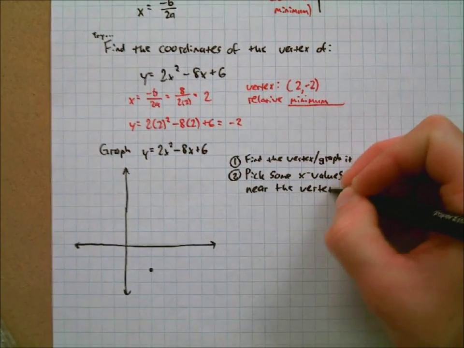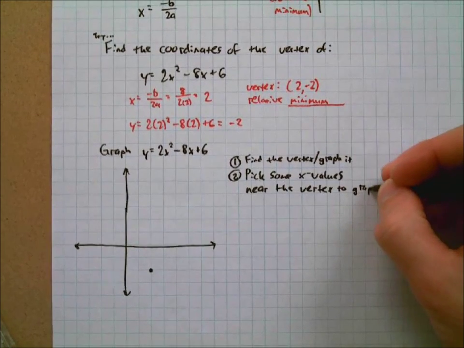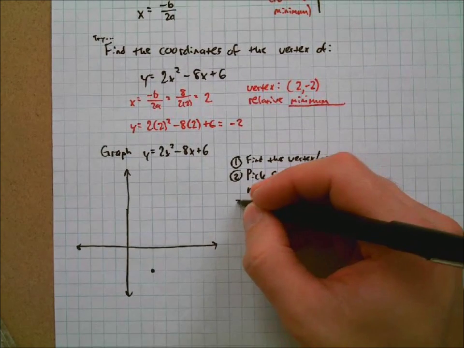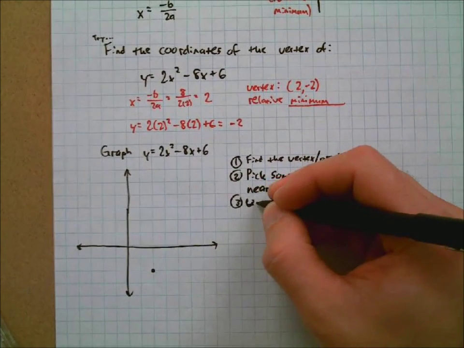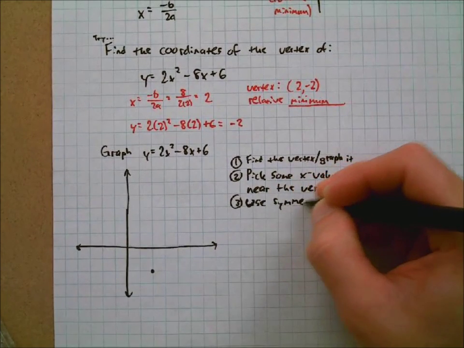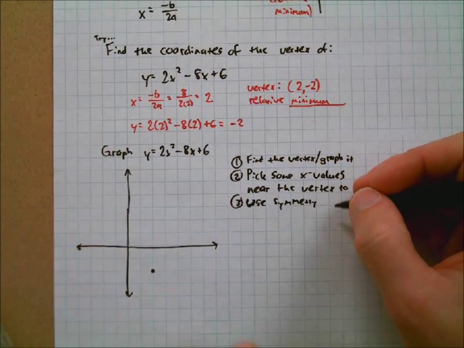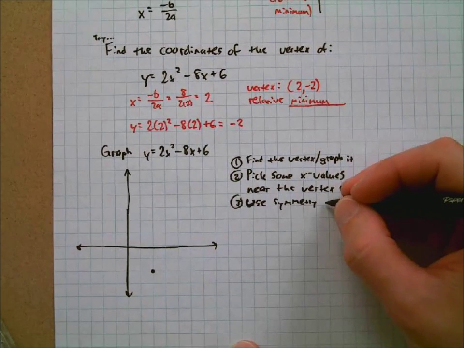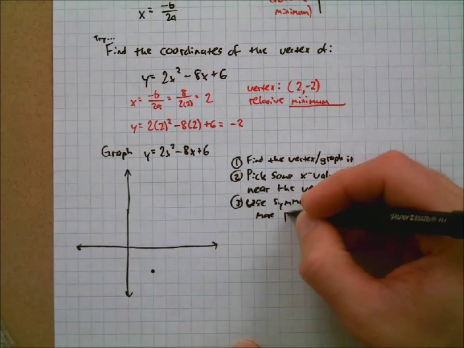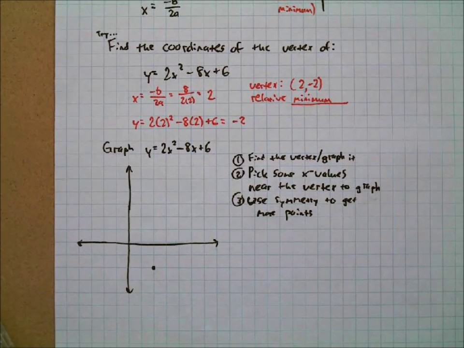And like Jeff said, we're also going to be using symmetry, because parabolas are symmetric about their axis of symmetry, which is the vertical line that goes through the vertex. Nothing too crazy here, stuff that we have seen before. So Jeff suggested 1 and 0, so let's go ahead and do that here.